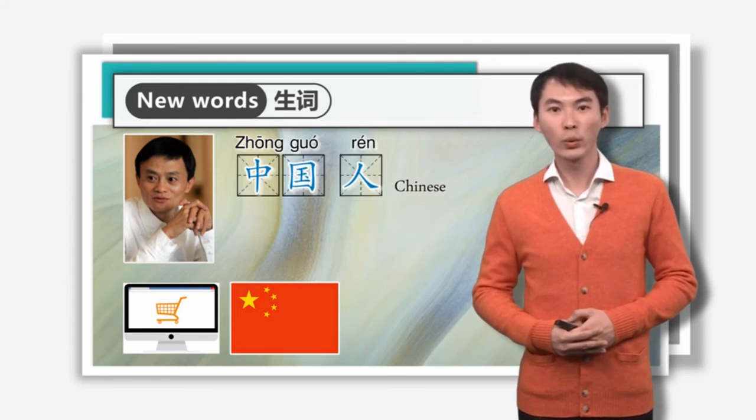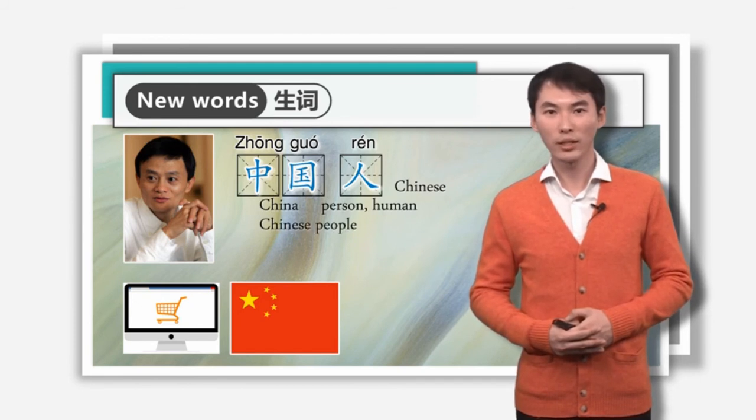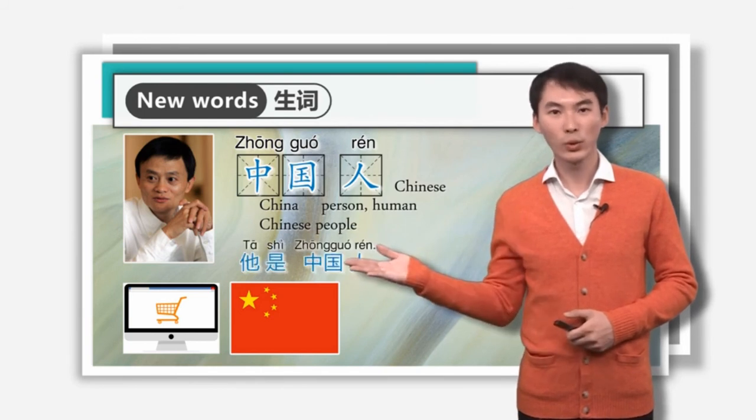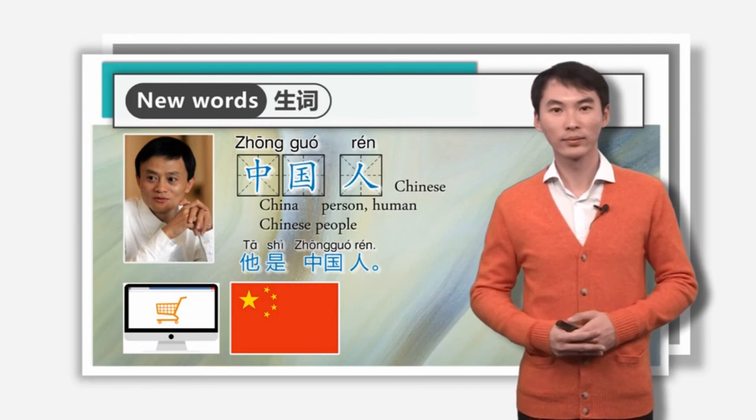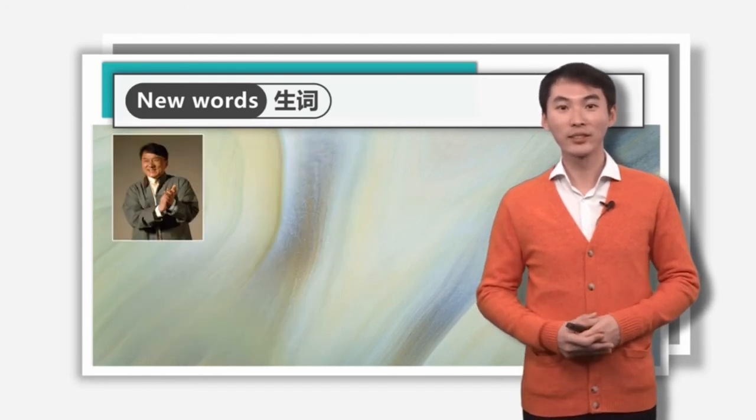Here, 中国人, 中国 means China. 人 means people, human. So, 中国人, Chinese people. 跟我读, 中国人. 他是中国人. Very good.